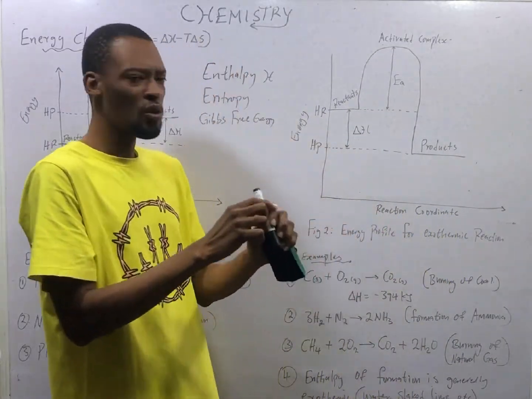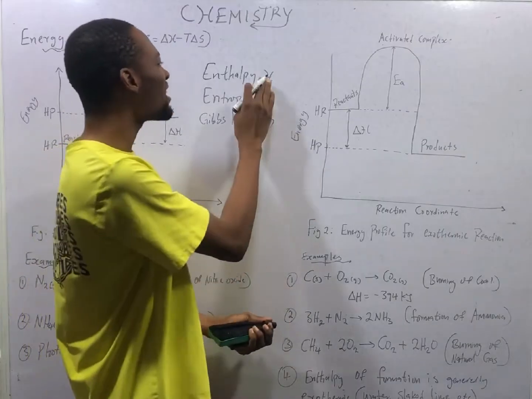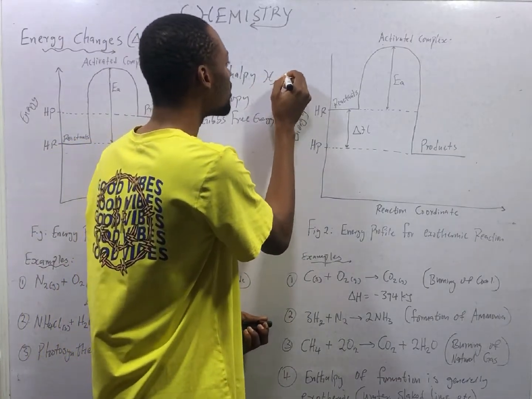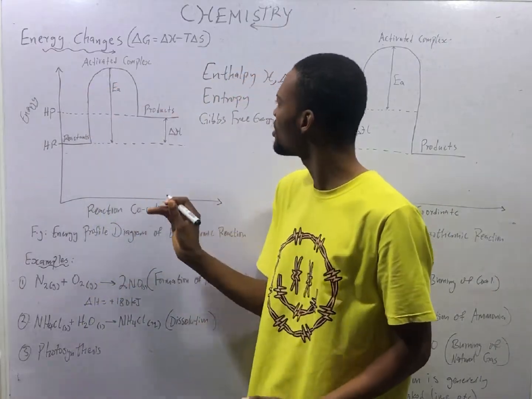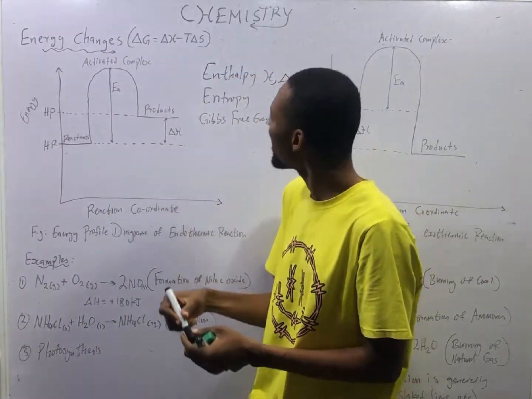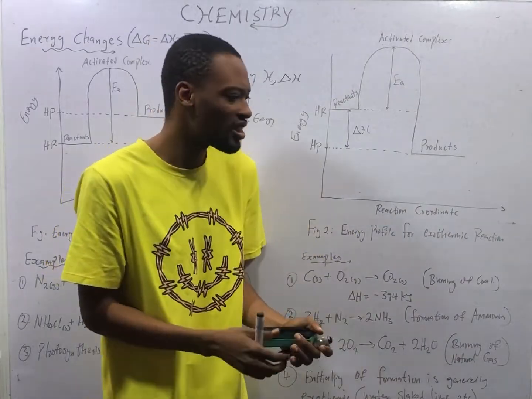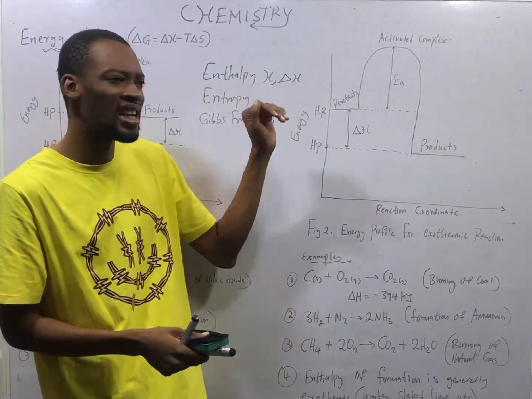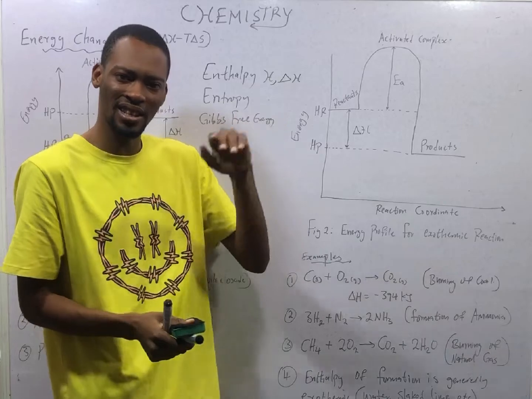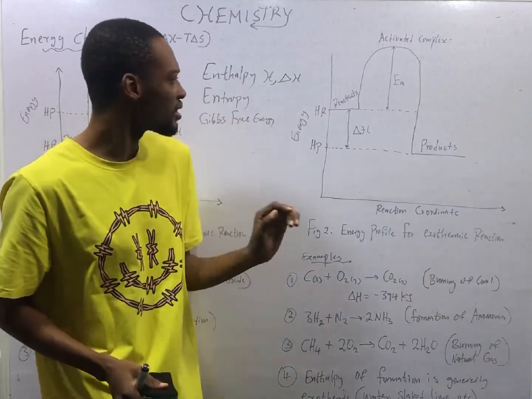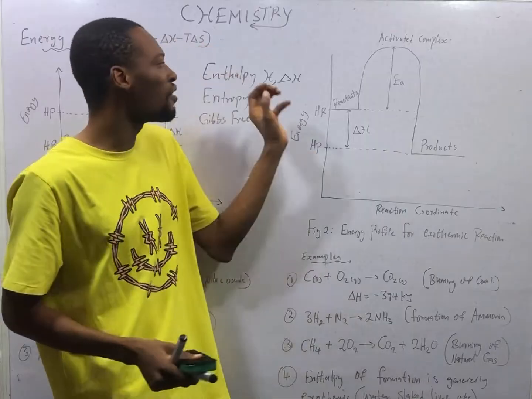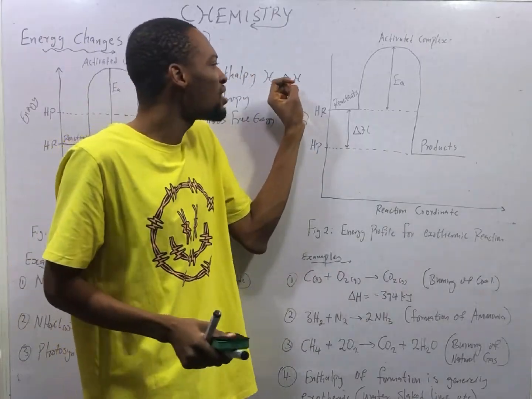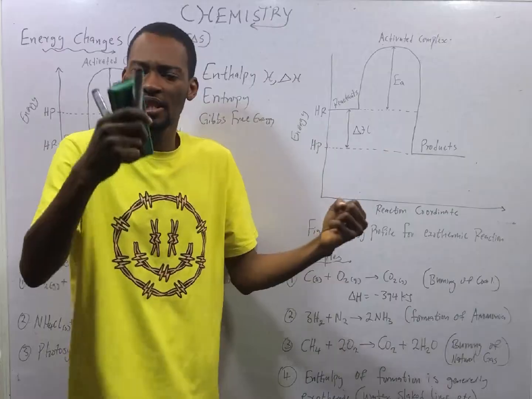But we are interested not in the enthalpy, but the enthalpy change, delta H, because we are dealing with energy changes. Delta H is the energy change that accompanies a chemical reaction. Enthalpy itself is the heat content of the reaction, but enthalpy change is the change in heat content.